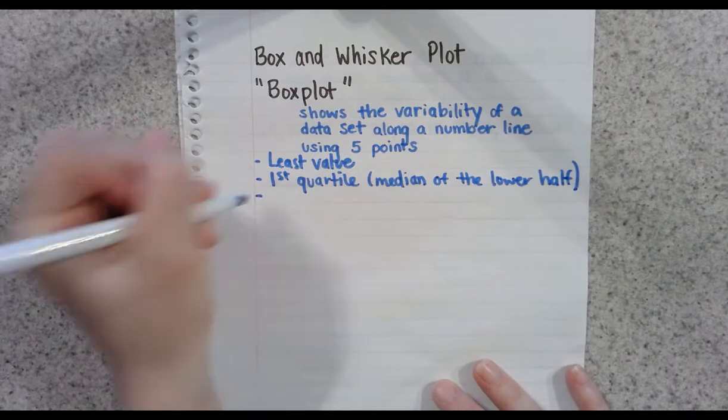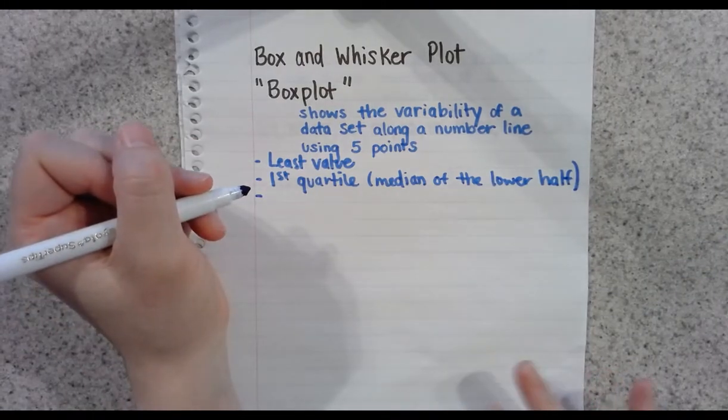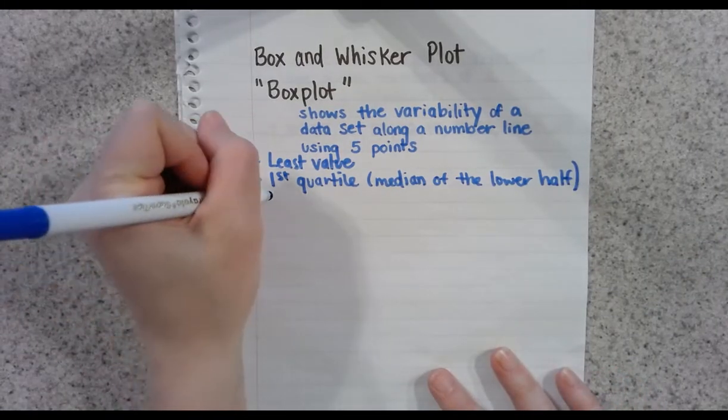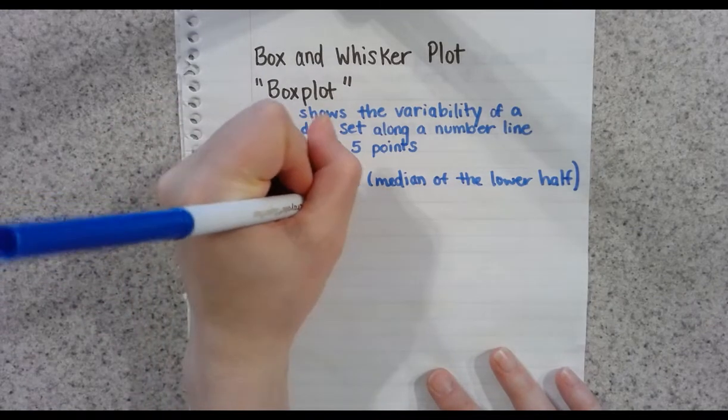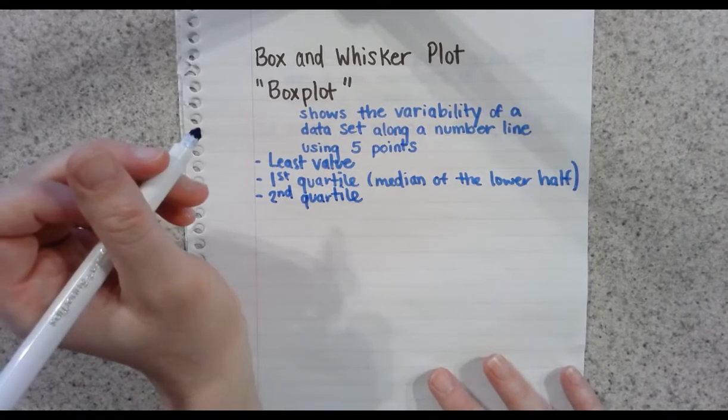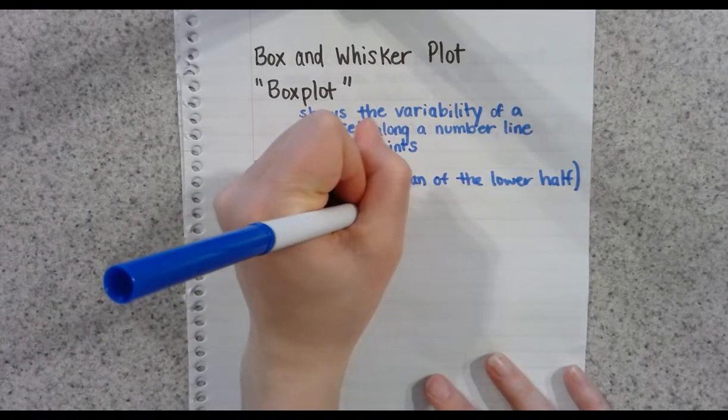The third of the 5 points that make up the box and whisker plot is the second quartile, which is just the median.